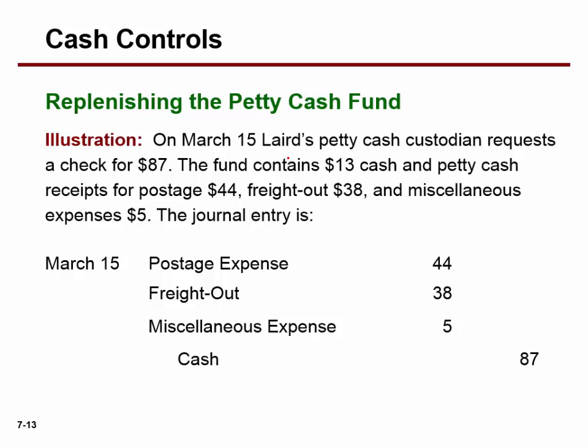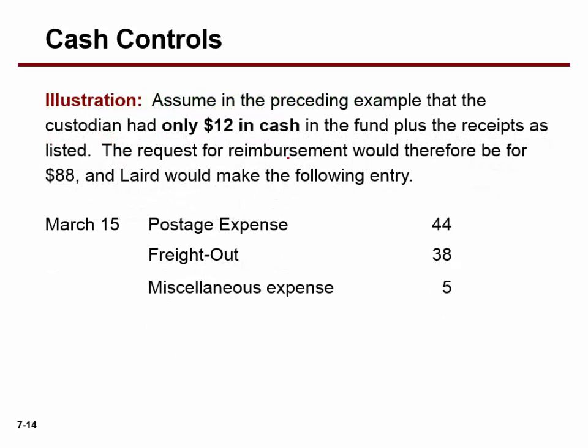Okay. Now, what happens? Frequently, there's going to be a different amount sitting in the box. So now we look, the receipts still total what? Still total 87, don't they? 44 plus 38 plus 5 is still 87, isn't it? So there should be $13 sitting in the box, shouldn't there?